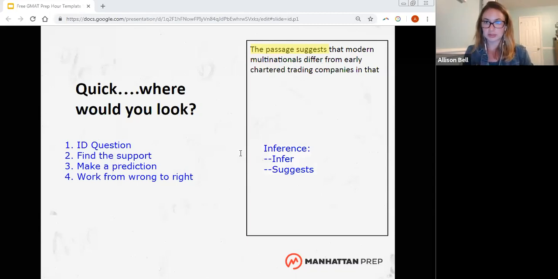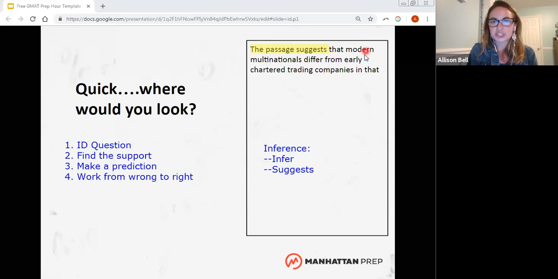It basically has to be true, but it might not be said in exactly the same way. It might be kind of flipped around or said a little differently in the passage. What I want to do when I see that I have an inference is check to see, do they tell me where to look? Very often on the GMAT, they're going to give you a little prompt that can help you find the right part of the text.